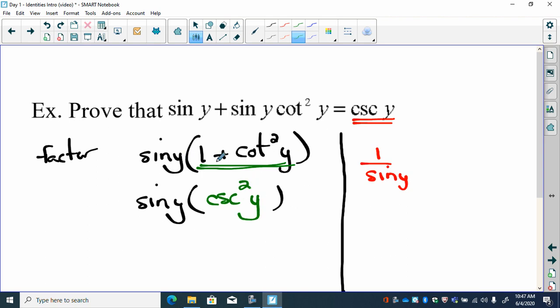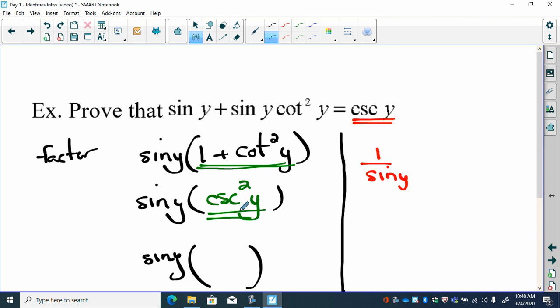And if you don't like using y's for the argument, you can always use thetas or x's, whatever you prefer. Still not there yet. Okay, keep in mind now this is still a bad guy. So it's that one that I should be looking at. Look, left side, I've got this sine y. I don't want to manipulate him. Over here, I've got the 1 over sine y. Don't want to manipulate it.